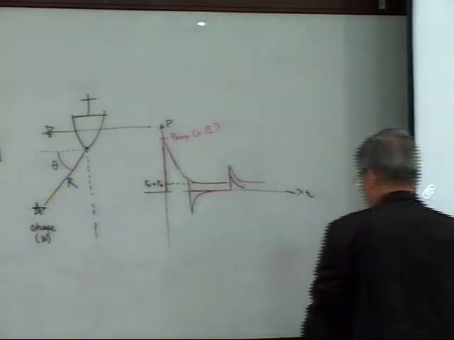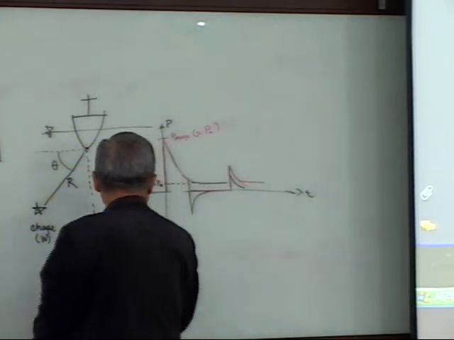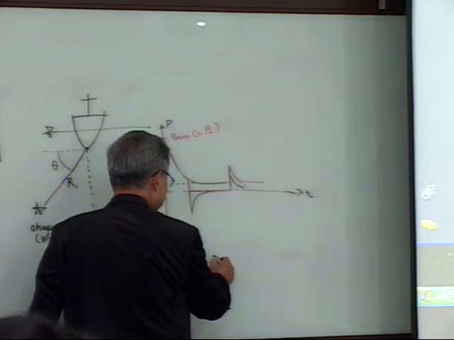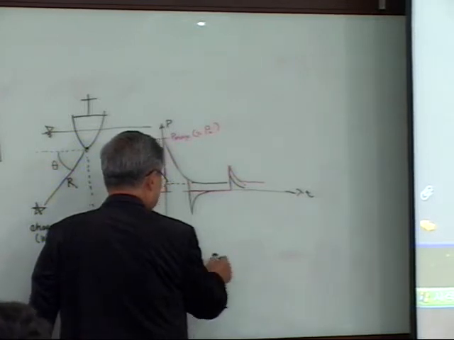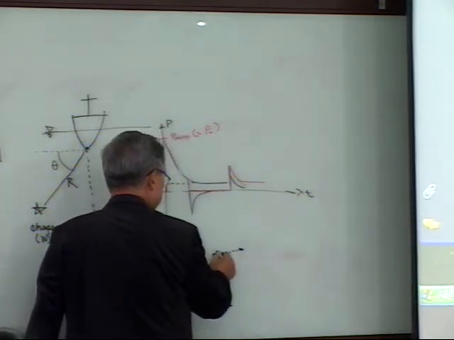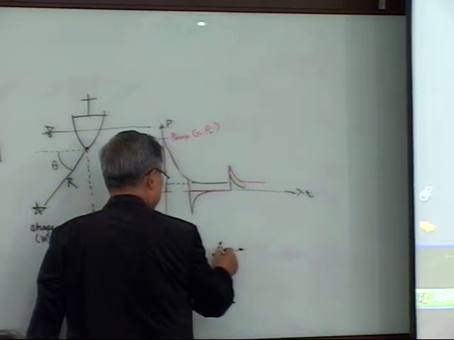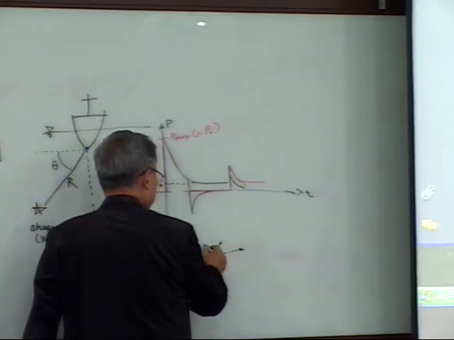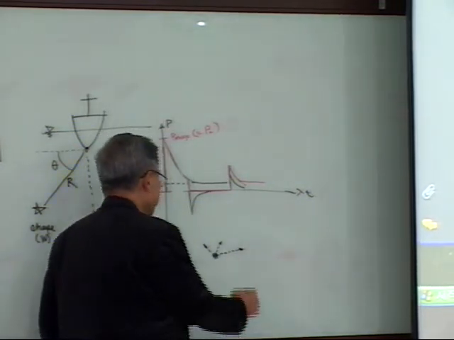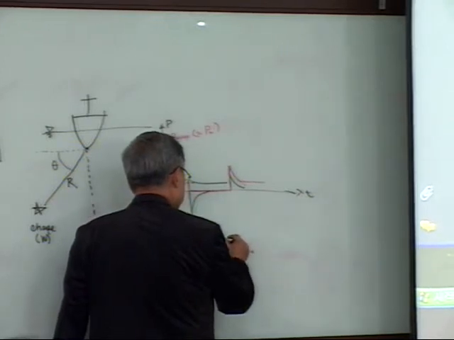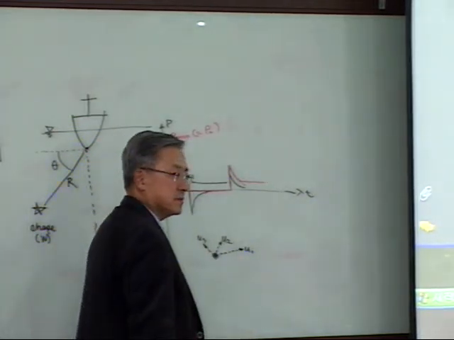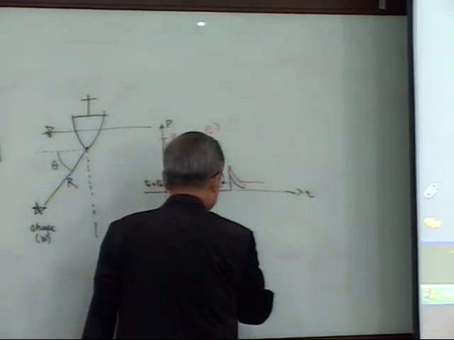For motion-wise, the target, and this could be the first one, the second could be this, the third could be this. So you have to have a vector sum. You can compute U1, U2, U3, vector sum. It's just a vector sum.